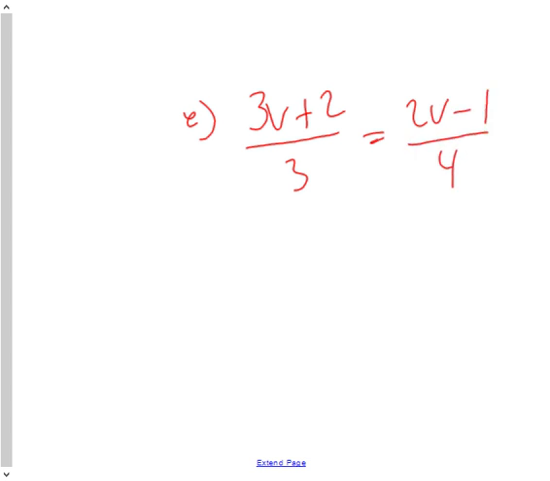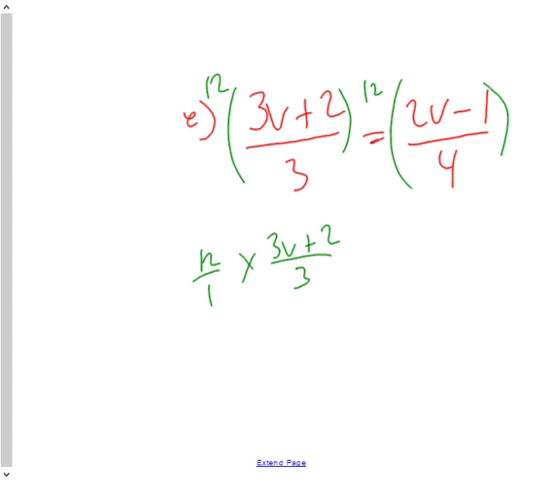And your last question in question 18 is 18e. So easy, it's not that hard at all. We have this. So of course, Brock, you're going to multiply both sides by 12 is correct. So I'm going to rewrite this 12 over 1 multiplied by 3v plus 2 over 3.